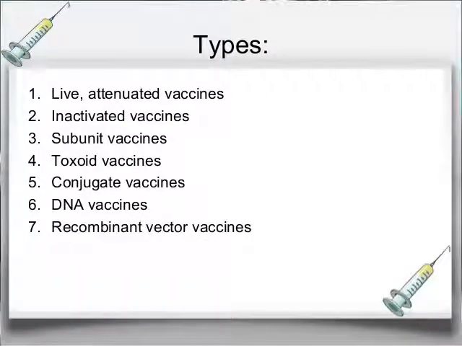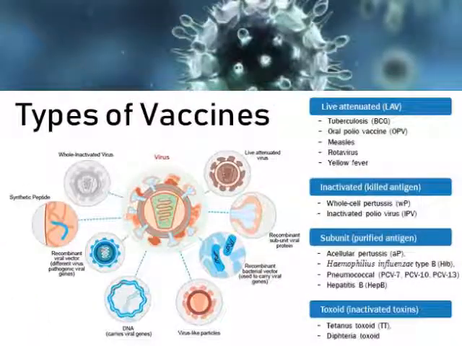So it's important not to give these vaccines to immunosuppressed people, for example. Then there are other vaccines made of viral subcomponents such as proteins or nucleic acids or surface antigens and others. Then there are also some vaccines made of viral proteins obtained by DNA recombination technology.